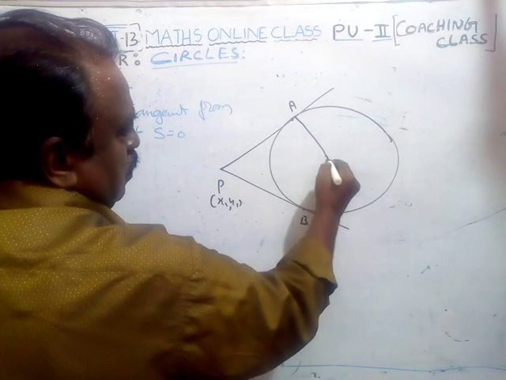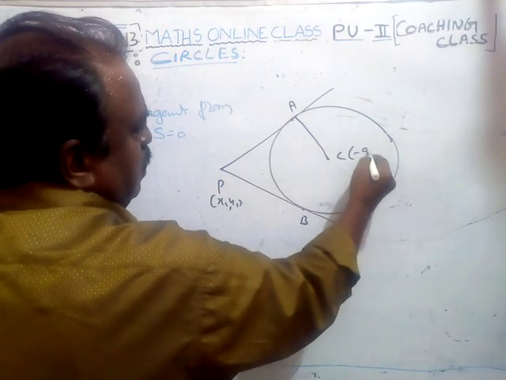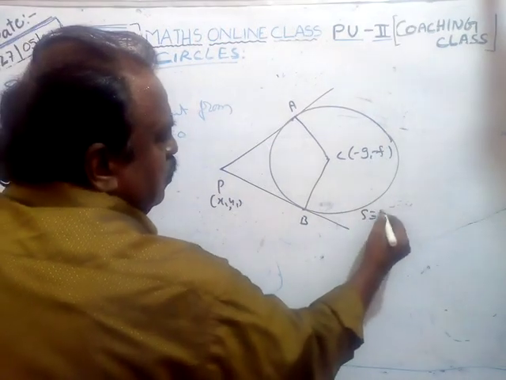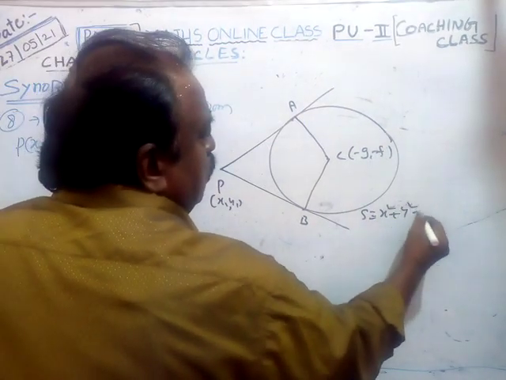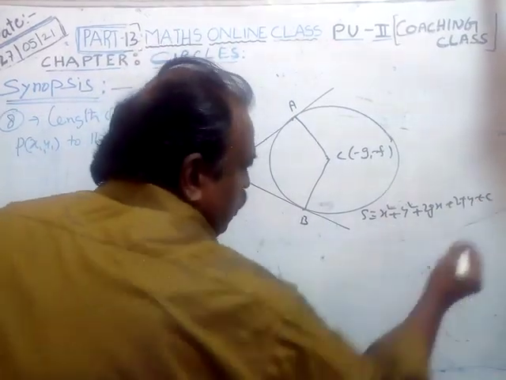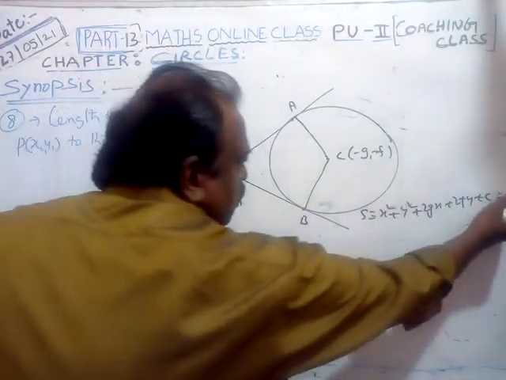Suppose there is a center (-g, -f). The circle is the same: x square plus y square plus 2gx plus 2fy plus c is equal to 0, is the circle equation.